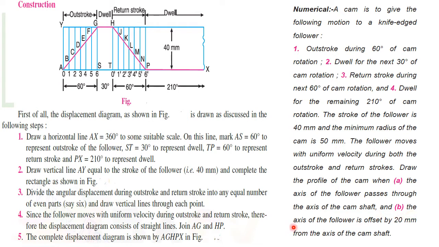B, the axis of the follower is offset by 20 mm from the axis of the cam. If the follower is offset 20 mm from the axis of the cam, then we have to draw the cam profile related to that question. First of all, we draw the displacement diagram for the follower.